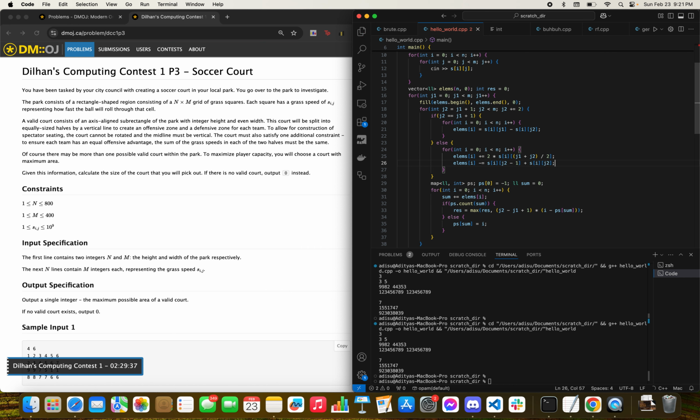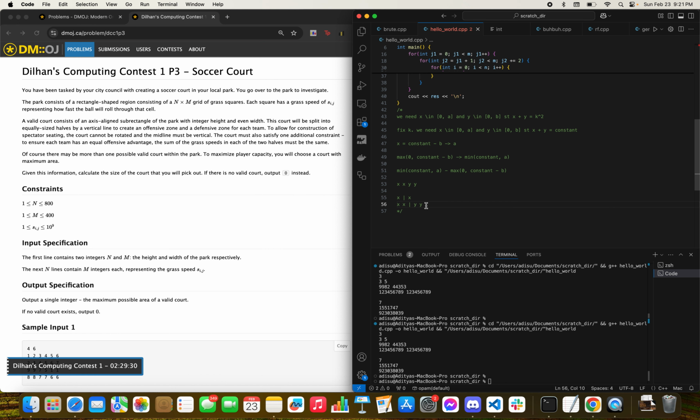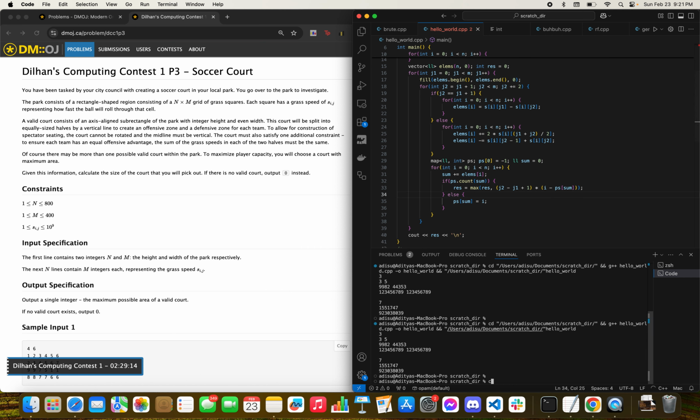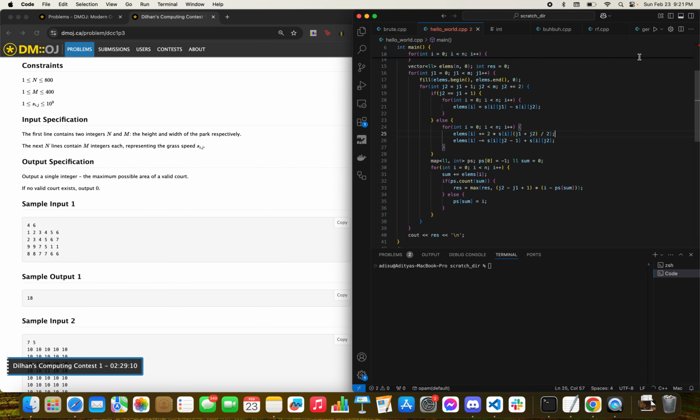Okay. Let's revisit this formula. If this is 0, 1, 2, 3, we want to move 2, or is it 1? So 0 plus 3, yeah, okay, that works. Sure, okay. I don't see why this doesn't work. Okay. Let's try this.